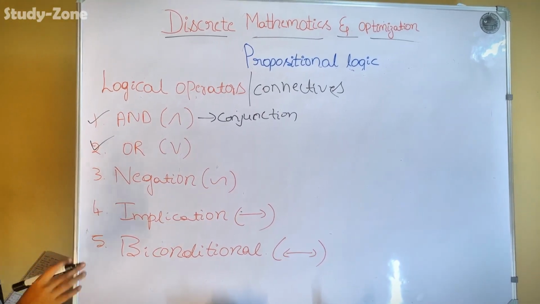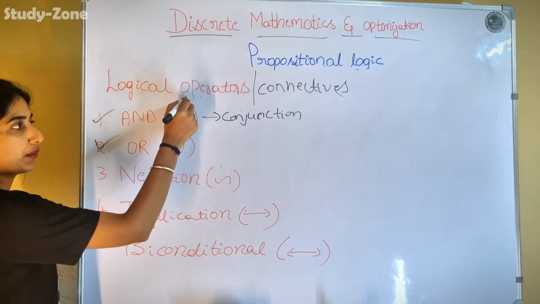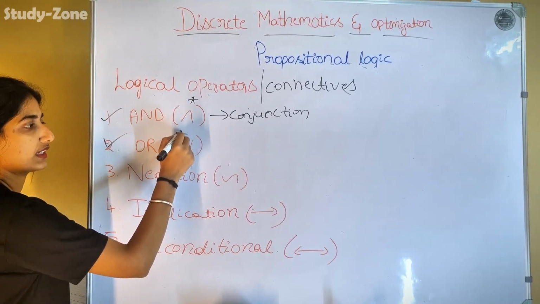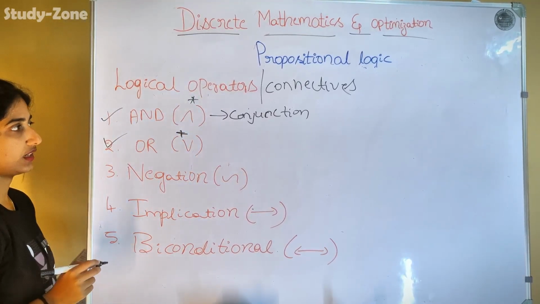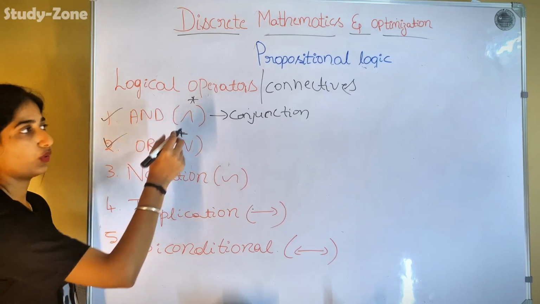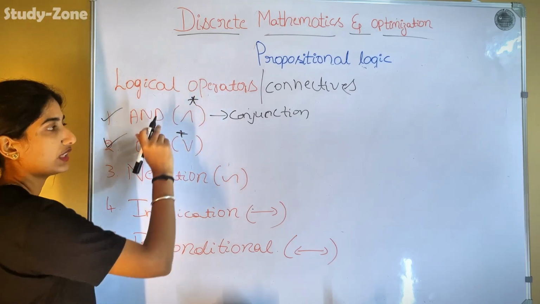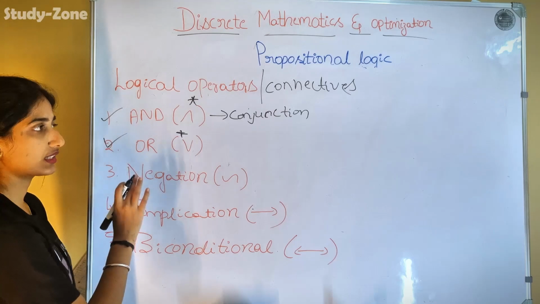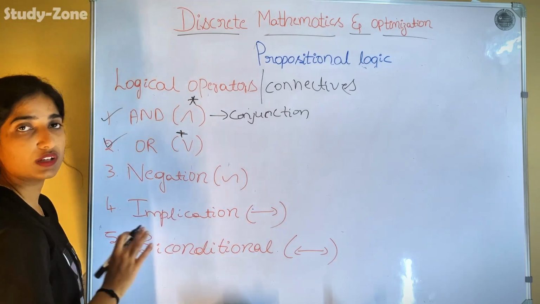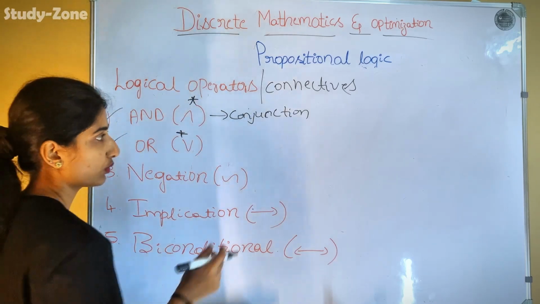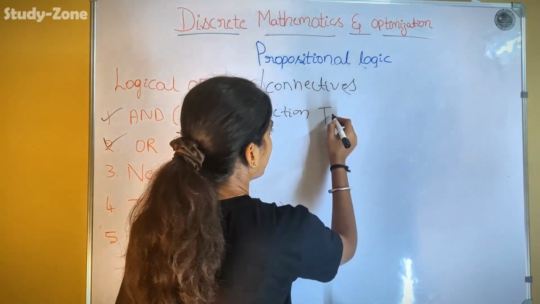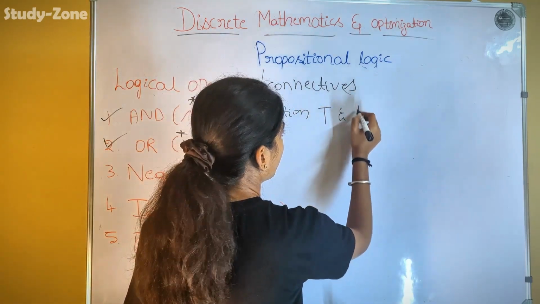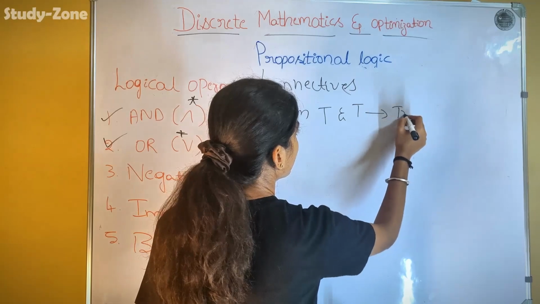Okay, so you may come across multiply and plus in computer science, right? So AND plays the role of multiplication. So here the main thing is both the statements must be true for the whole statement to be true. So here true and true will only give you true.